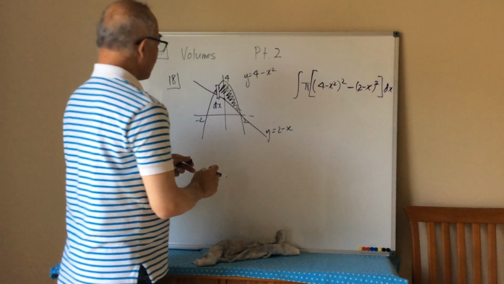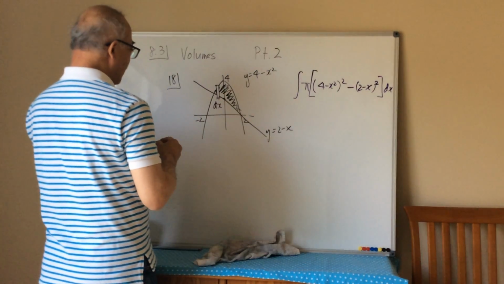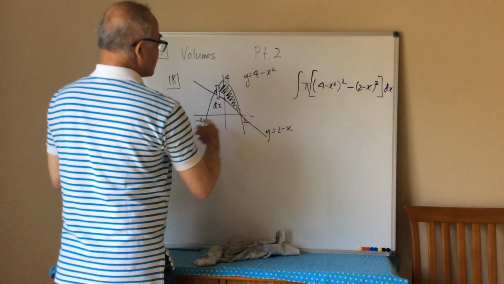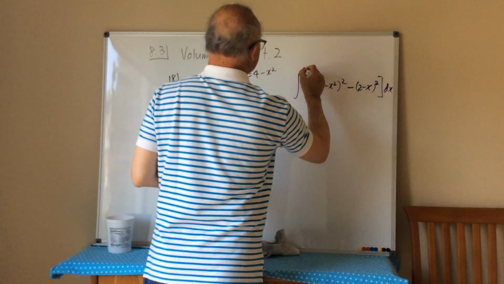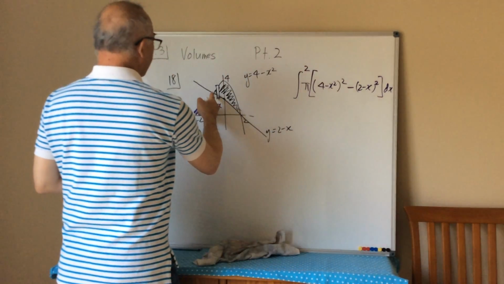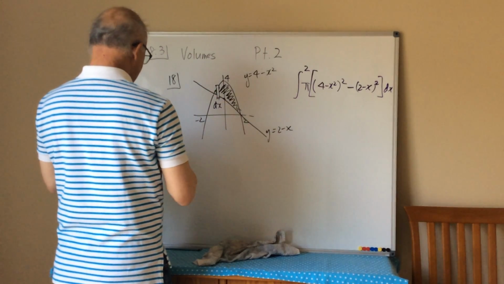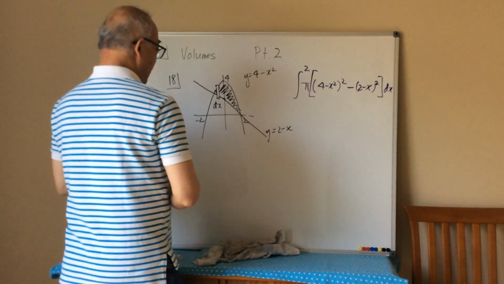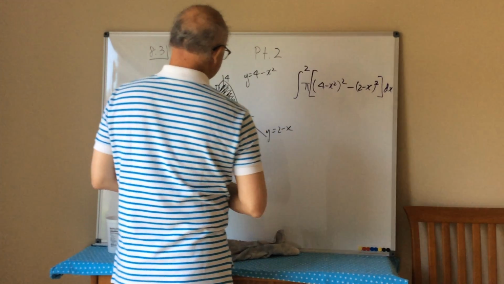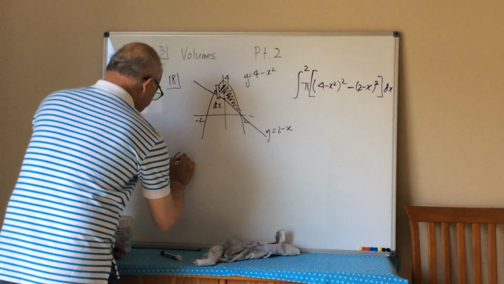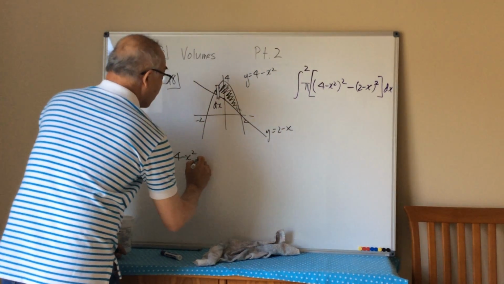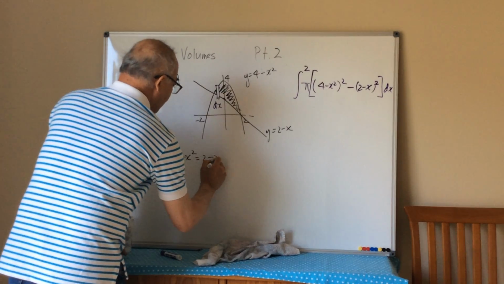Okay, and we're going from where to where? We have to find that out. So we know here this is 2. We need to find out where these two meet right here, right? So we'd put these equal to each other and solve. We have 4 minus x squared equals 2 minus x.